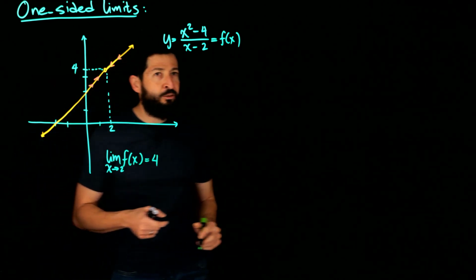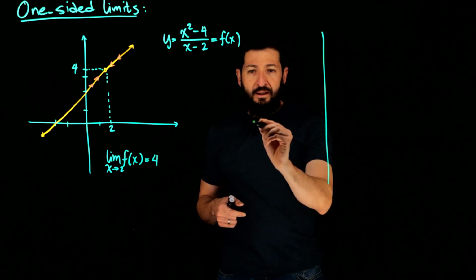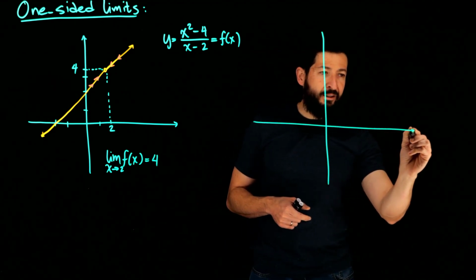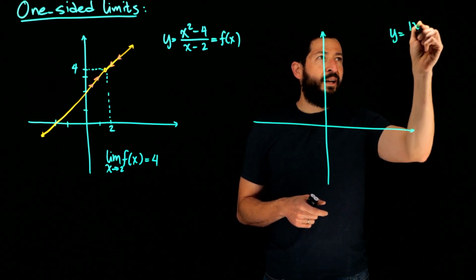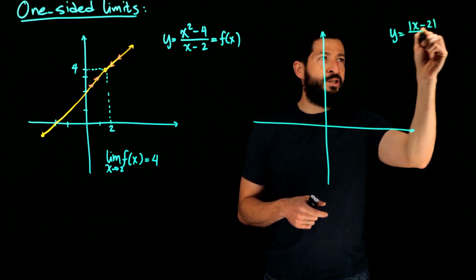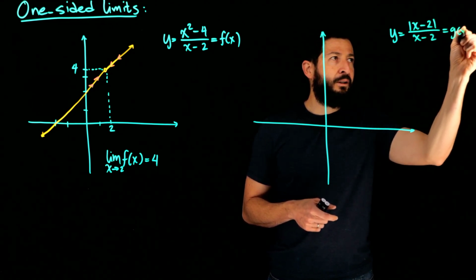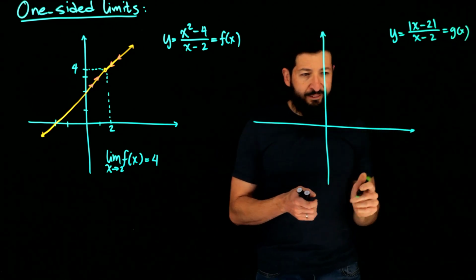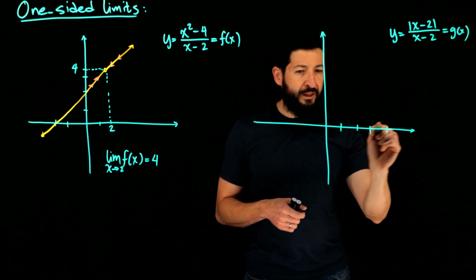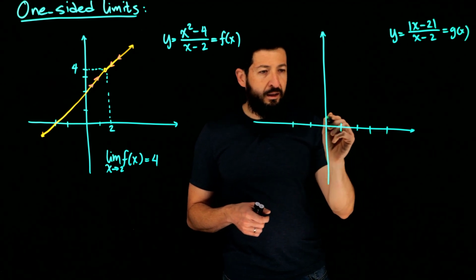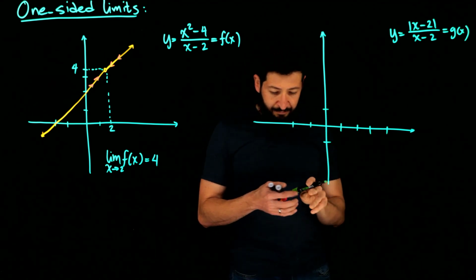However, you have the next graph on that same set of graphs where you have the function, and they call this one g of x, equals the absolute value of x minus 2 over x minus 2. And here the graph, you're going to have 2, and then let's go up to 1, and down to -1.